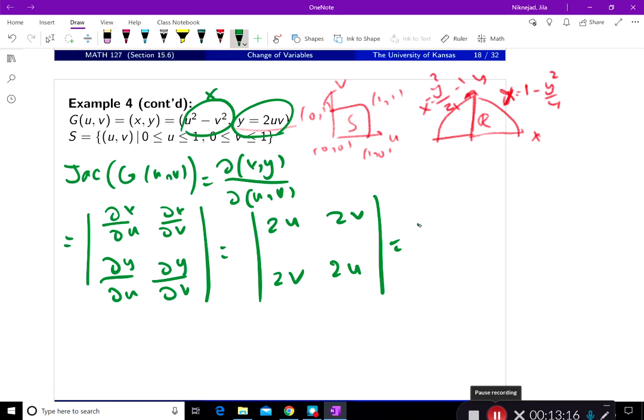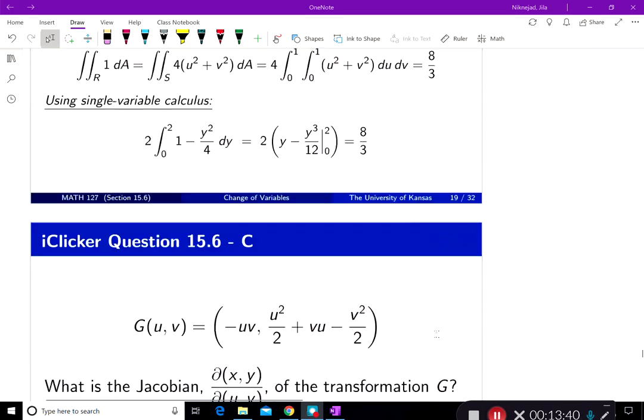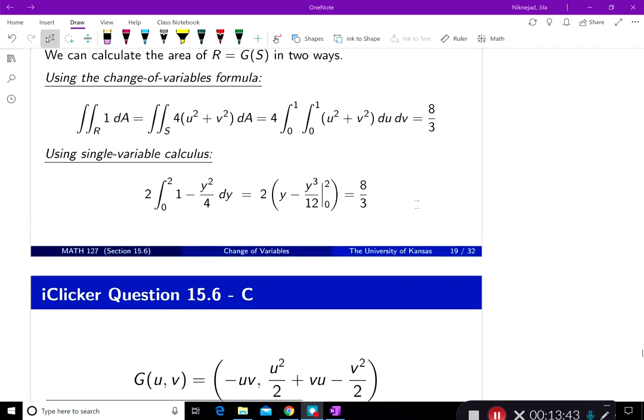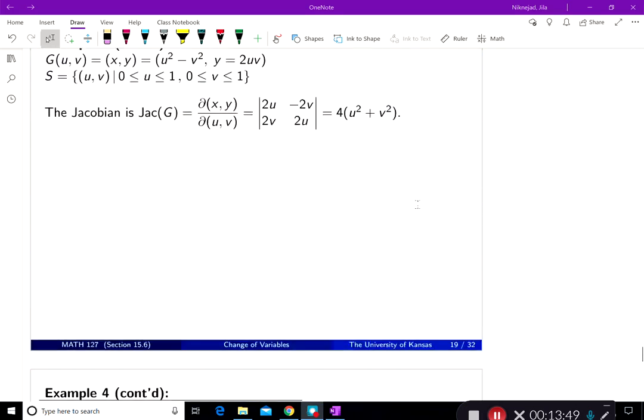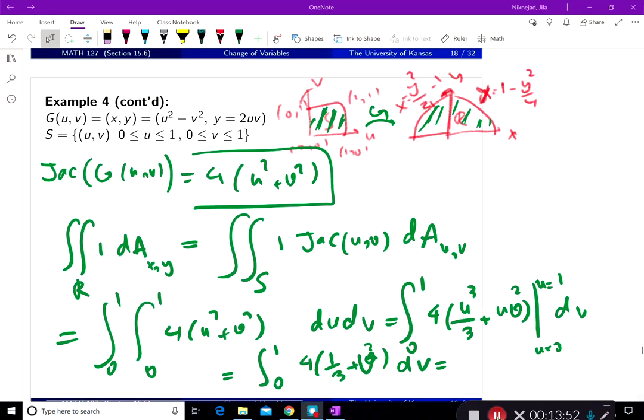And so it becomes 4u squared, oh, I'm sorry, there was a negative sign in here, minus minus, plus 4v squared. 4 times u squared plus v squared. Which is going to give us 8 thirds.